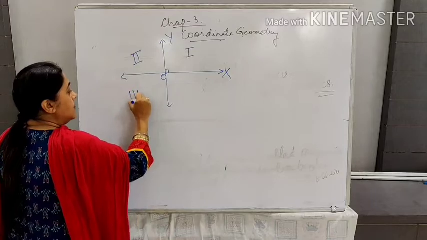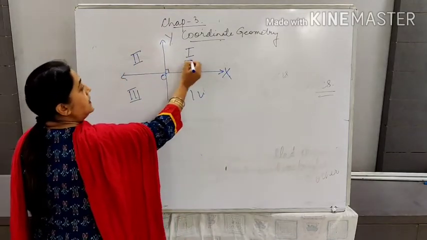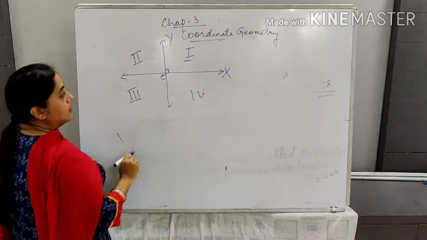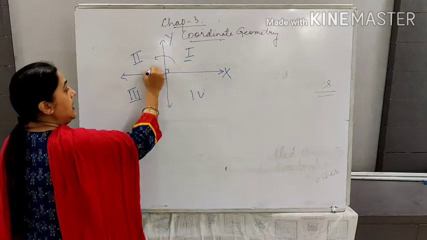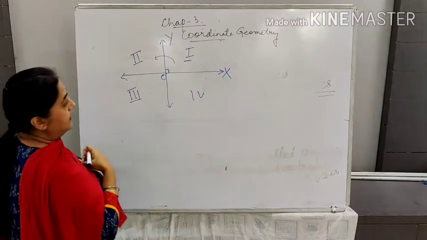How many parts? 4 parts. When we go anti-clockwise, this one is the first quadrant, always remember, this one is the second quadrant, we go like this in the anti-clockwise direction, then there is the third quadrant, and then the fourth quadrant.